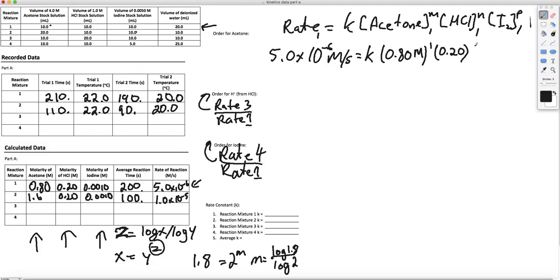and I've actually made up a value for that. I'm going to say it's 3, but you might find it to be something different. In fact, you will probably find it to be something different. Hang on, let me put a unit in there as well. That's going to be important. Molar, make that cubed. And then 0.0010 molar, and I'm going to make that squared.